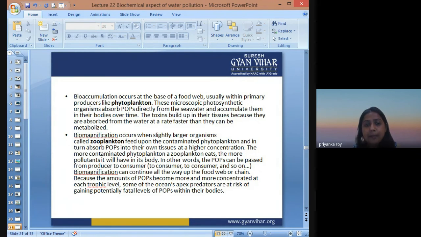Biomagnification can continue all the way up the food web or food chain, because the amount of POPs becomes more and more concentrated at each higher trophic level. Now, some oceanic apex predators are at risk of gaining potentially fatal levels of POPs within their bodies.